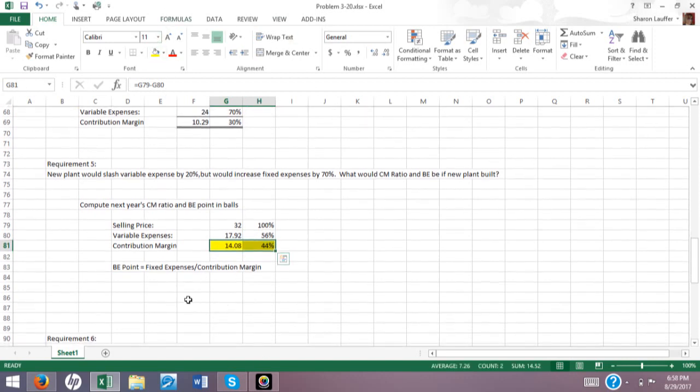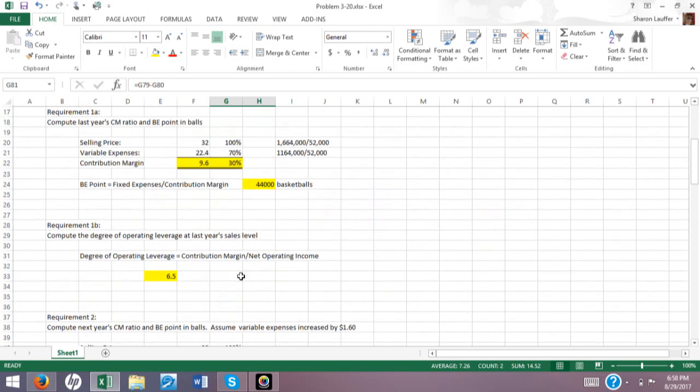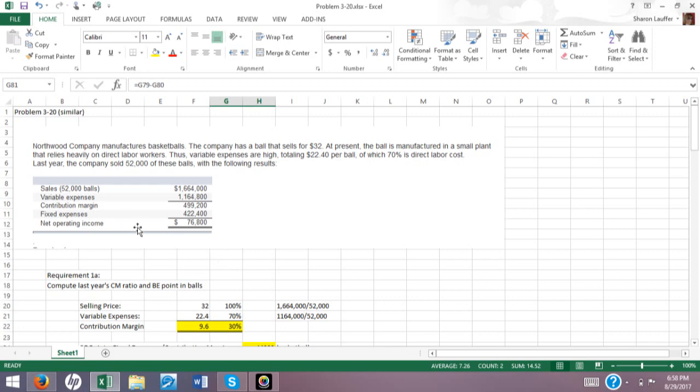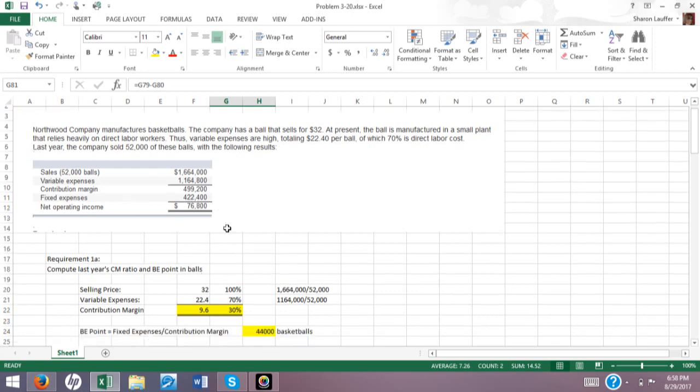Our break-even point would be our fixed expenses divided by our contribution margin. Our fixed expenses are what's going up. So let's see up here, our fixed expenses were $422,400.